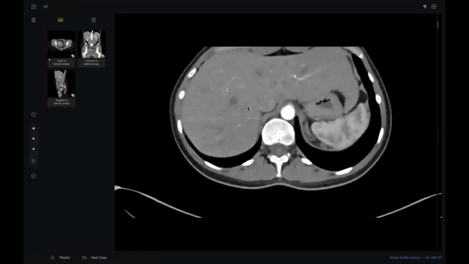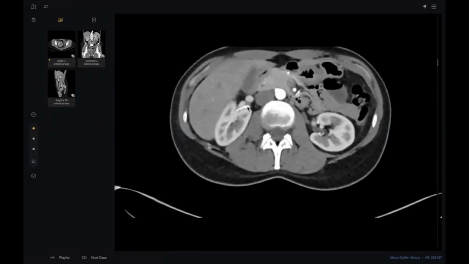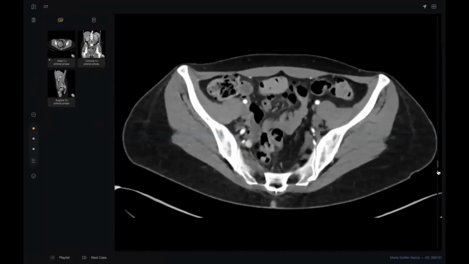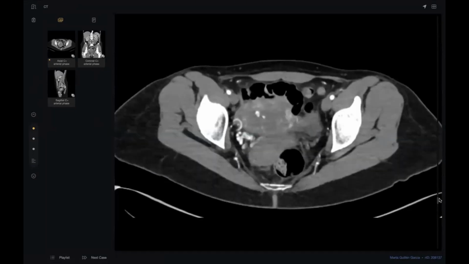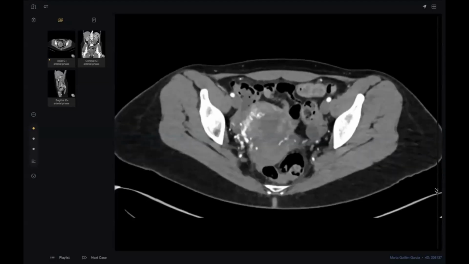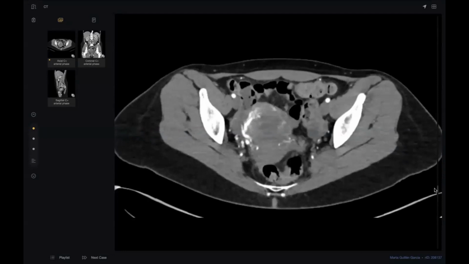Take care, my friends. From any post uterine procedure, if you find this abnormal tortuous vascularity, your first differential diagnosis is arteriovenous fistula until proven otherwise. How can we differentiate the arteries from veins here? Number one, look, the veins here are a little bit tortuous.